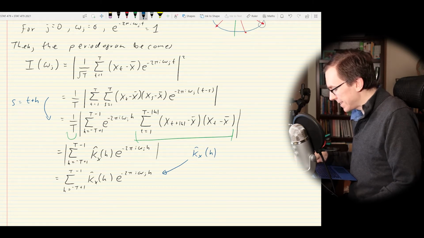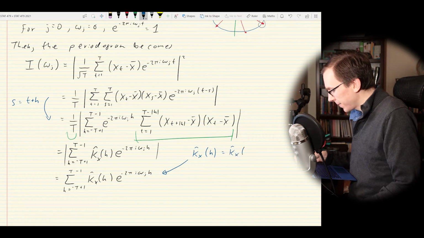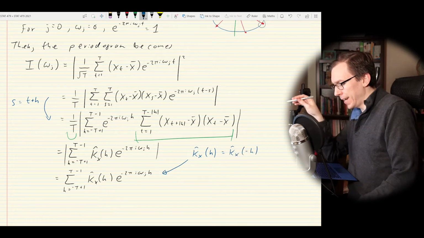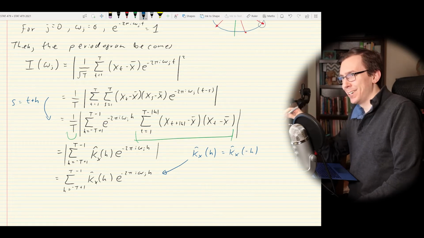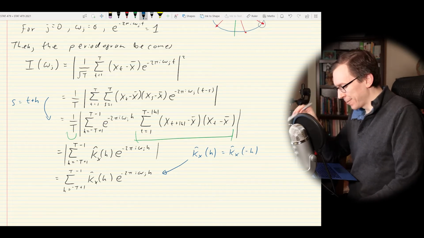Anyway, we know that this is symmetric, right? It's an even function. And if I take the Fourier transform of an even function, it's going to be real valued, right?